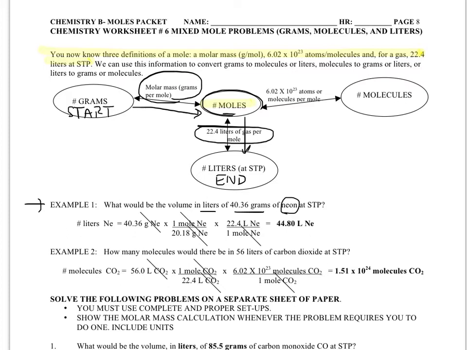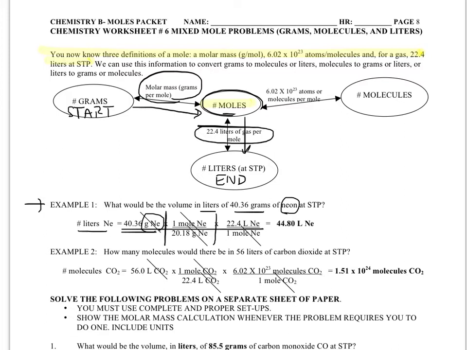So if you look, that's exactly what we've done. We wrote out that we want to find liters. We were given the 40.36 grams in the problem, and then we set up our picket fence so we can keep organized what's on top and bottom. Okay, and so the first thing is we wanted to get rid of grams. So to get rid of grams, I have to find a molar mass.